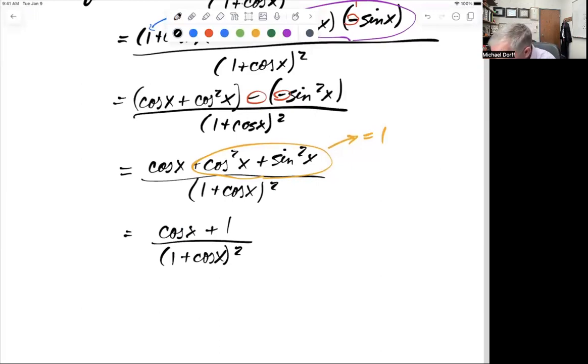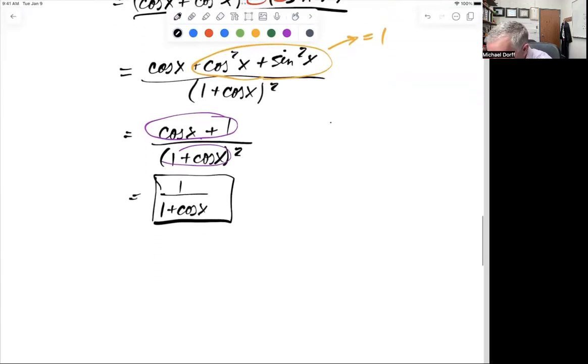But you're not, because what's in the numerator is the same thing as what's in the denominator squared. So we can reduce those out and get just 1 over 1 plus cosine x. And that's the final answer there for that one.